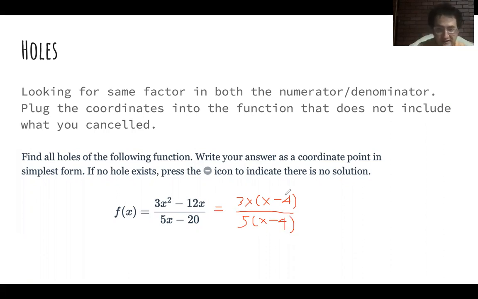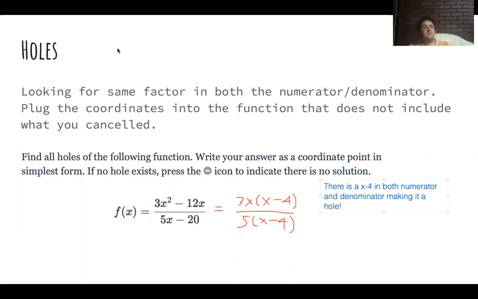And what I notice is that there is an x minus 4 in both the numerator and the denominator, making it a hole. So I'm going to set x minus 4 equal to 0. And then I'm going to plug the x coordinate into the canceled version.